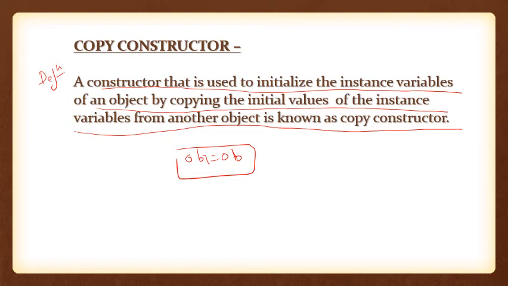A constructor constructs the object; a copy constructor copies the value of one object into another. It is called whenever we copy one object's value into another.